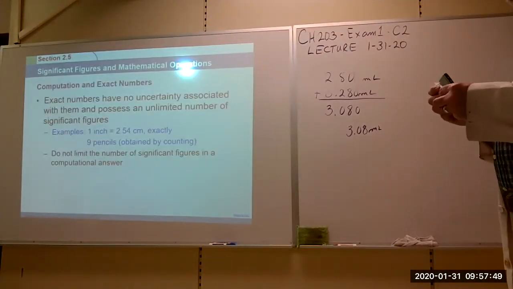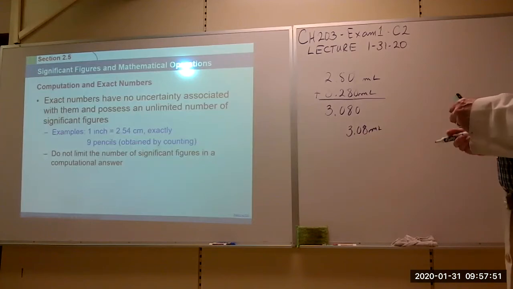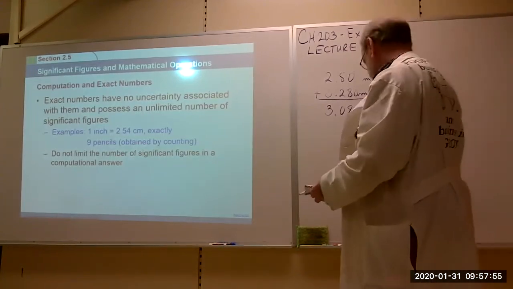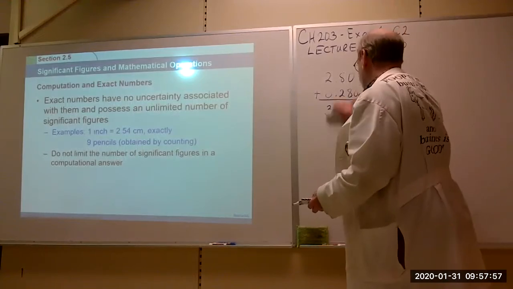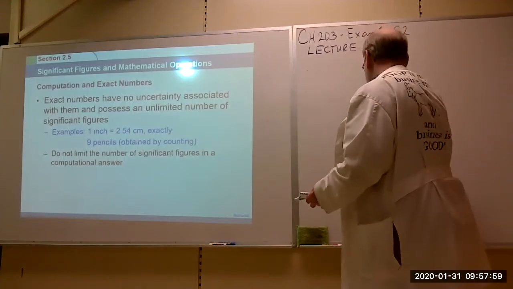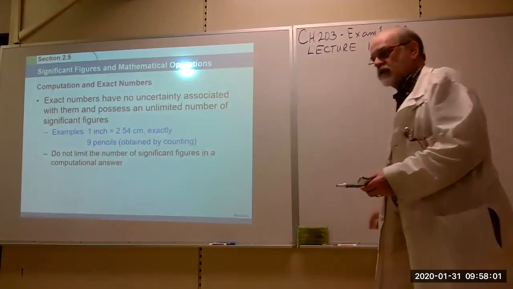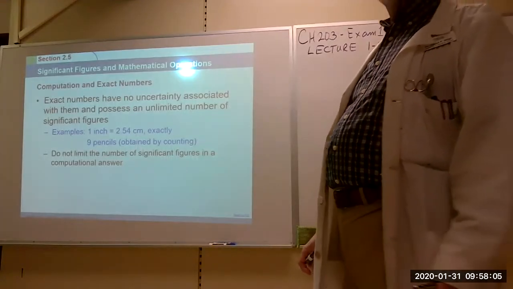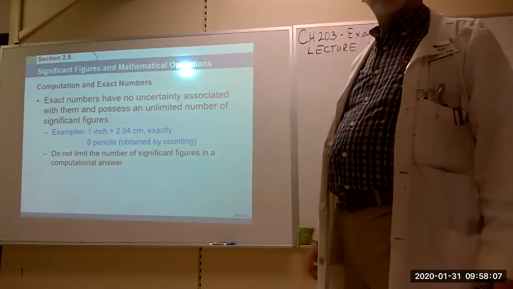Okay. Exact numbers. So when you're doing a calculation of some type, exact numbers are those that have infinite significant figures. In other words, you don't have to consider them at all.